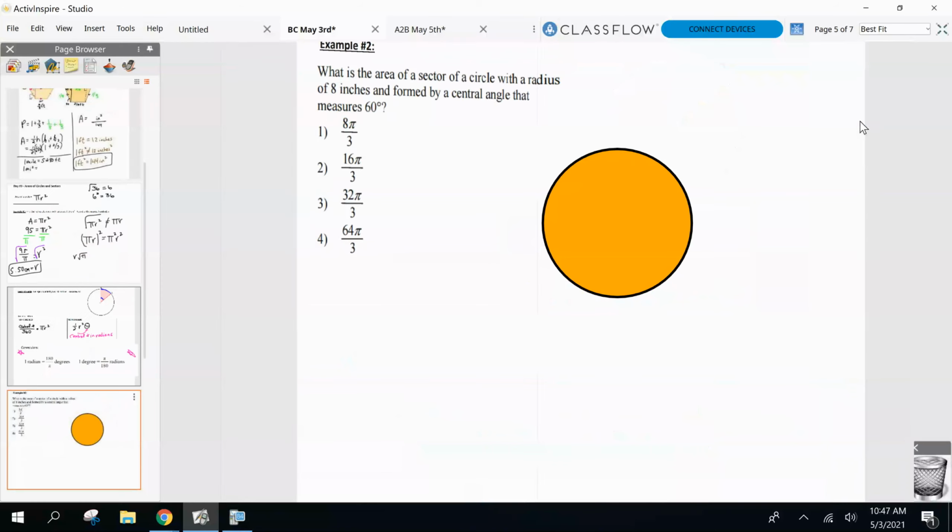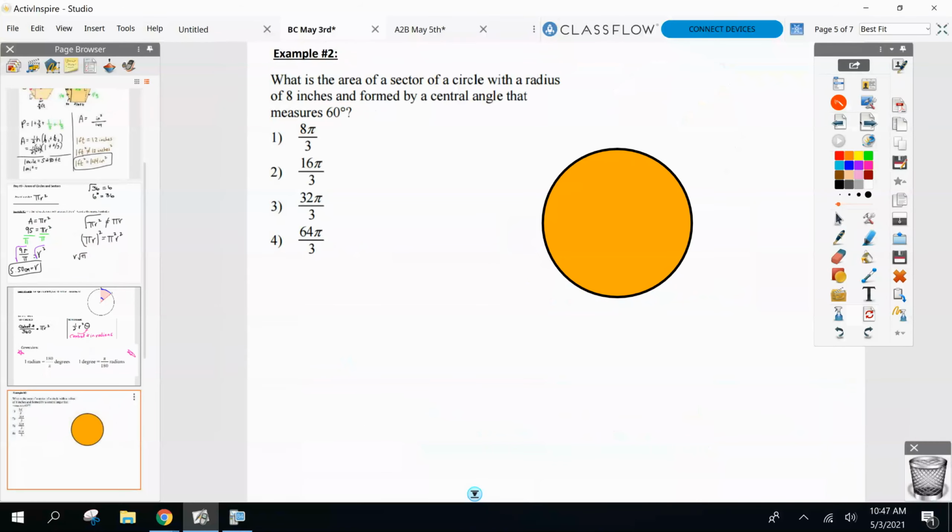All right, let's do it. I only have 3 problems today. Find the area, radius of 8, central angle of 60. Just to show you what this looks like: radius of 8, central angle of 60.